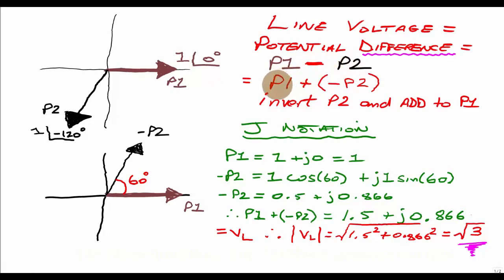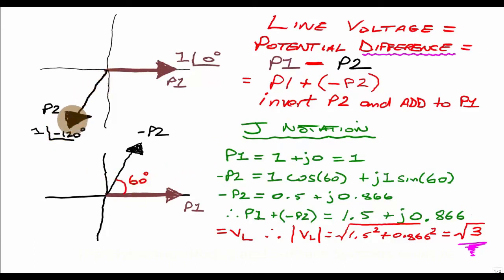It's easy for us to add phases together. We just do P1 added to minus P2. So that means we need to invert P2 and add it to P1. Invert and add. That's what's done here in the maths. So you need to invert P2. Here's P2 sitting here.